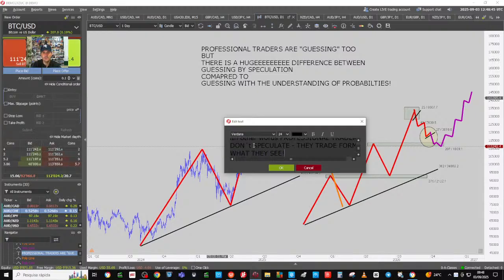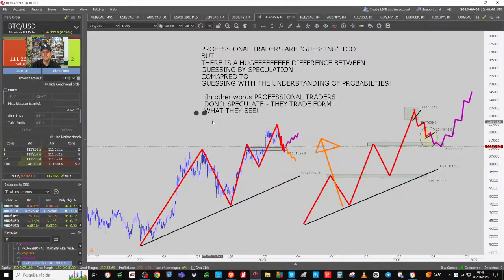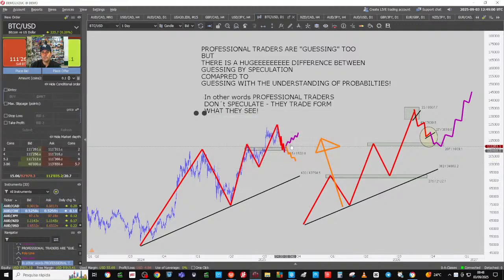Does it make sense, everybody? Alright, in other words, type in here, give me a second, edit label. In other words, professional traders don't speculate, they trade from what they see.